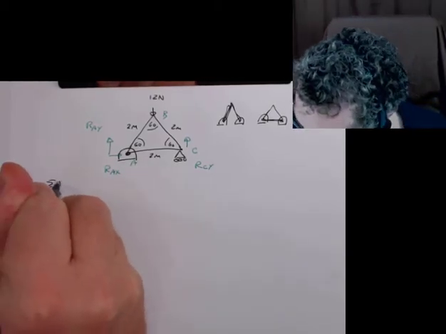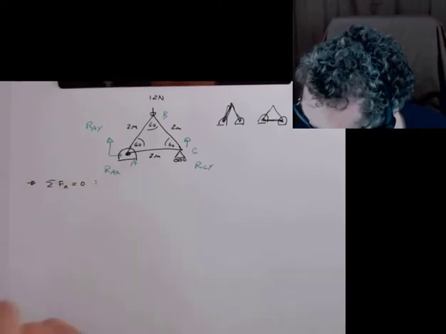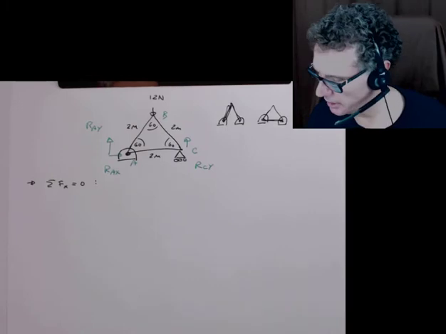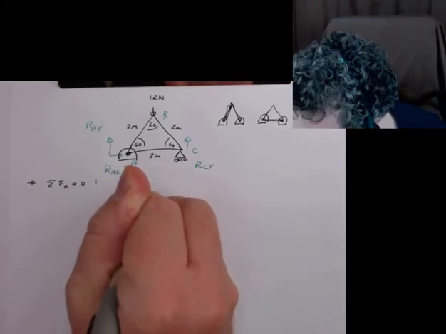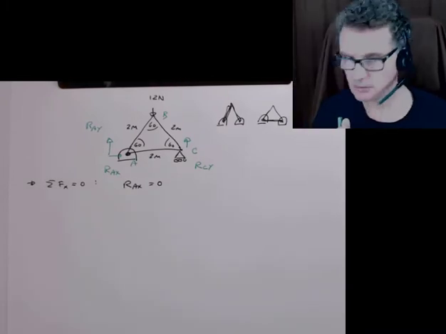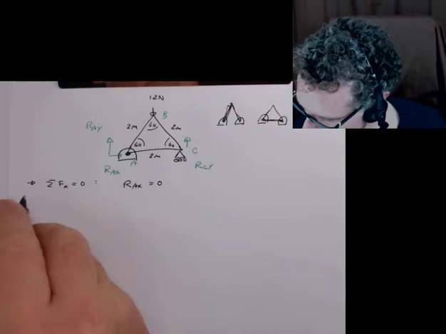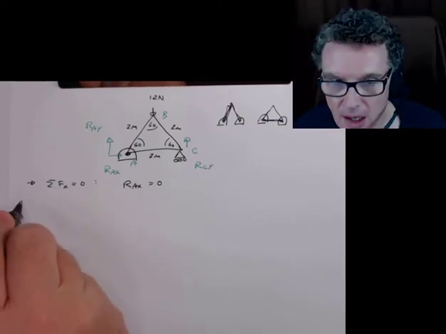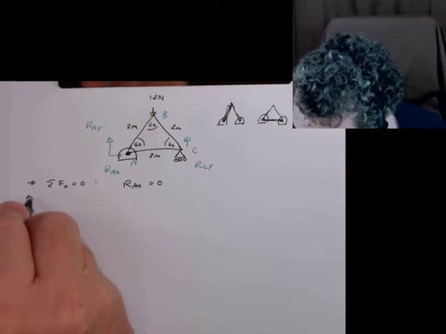So first of all, let's solve our forces going off in the x direction. I've got RAX equals 0. Next, let's solve the forces going upwards.